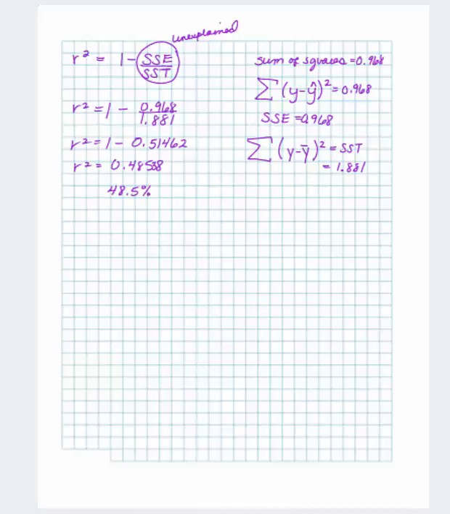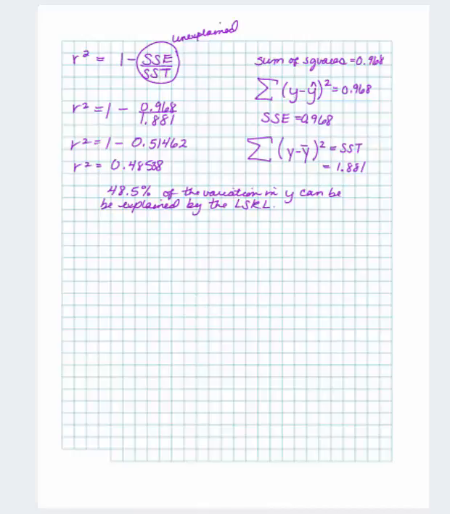Remember we were talking about at the beginning, 48% of the variation in y can be explained by the least squares regression line.